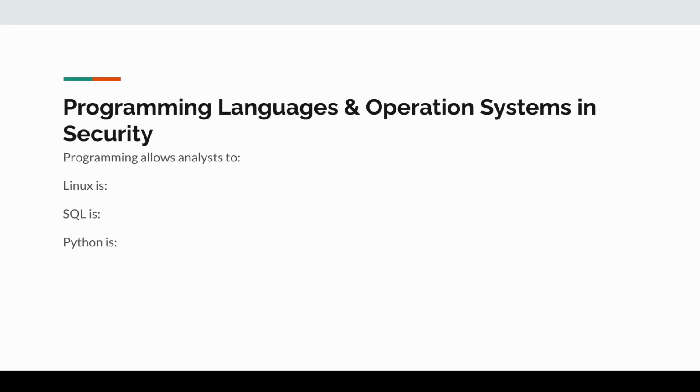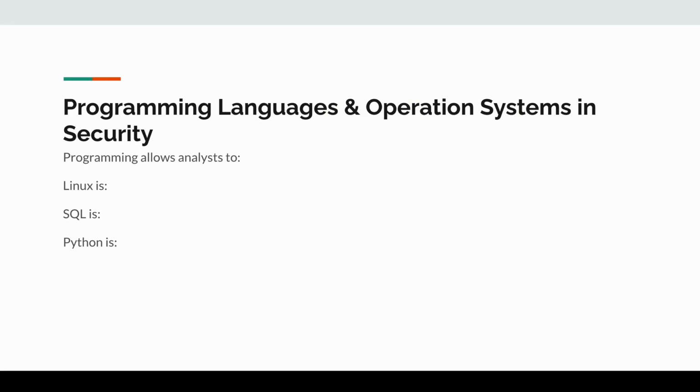So why does programming matter in security? It allows analysts to create instructions for the computer to follow, automate tasks that would take hours or days manually, and reduce mistakes by oversight. Some examples would be searching logs, filtering datasets, detecting patterns, or repeating investigations consistently.